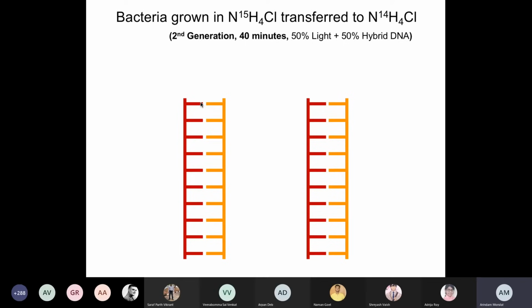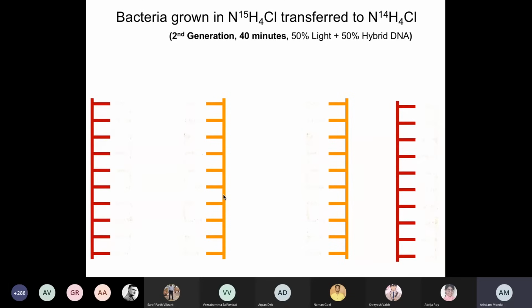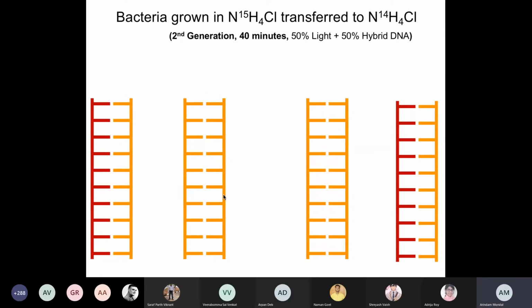Now these DNA molecules will get separated from each other during the DNA replication, and then will synthesize new daughter strands. But whatever daughter strands get synthesized will be N14 labeled, right?